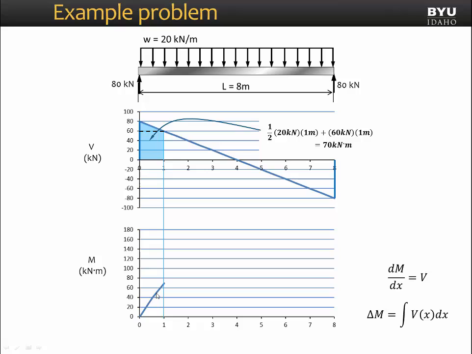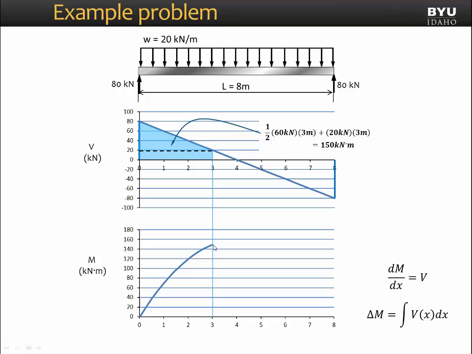Notice the shape of this line. Because this is a linear function for our shear diagram, we are going to have a quadratic function for our moment. So this is going to end up looking like a parabola. Now, when we move to x equals 2 meters, the area underneath the shear diagram from 0 to 2 meters can be calculated as 120 kilonewton meters.